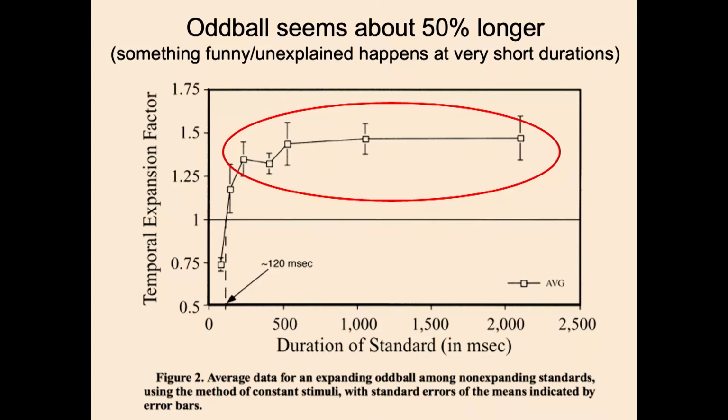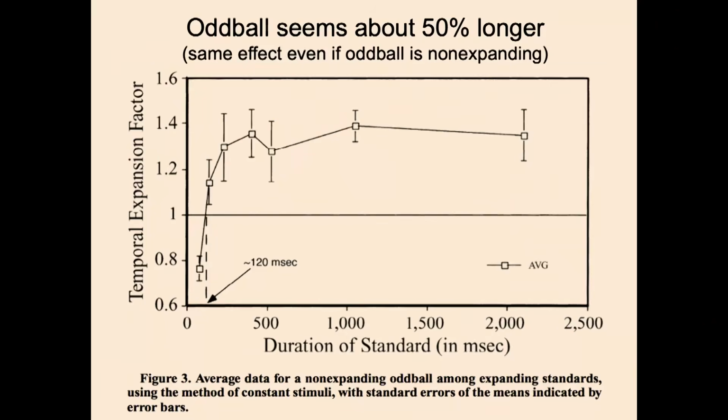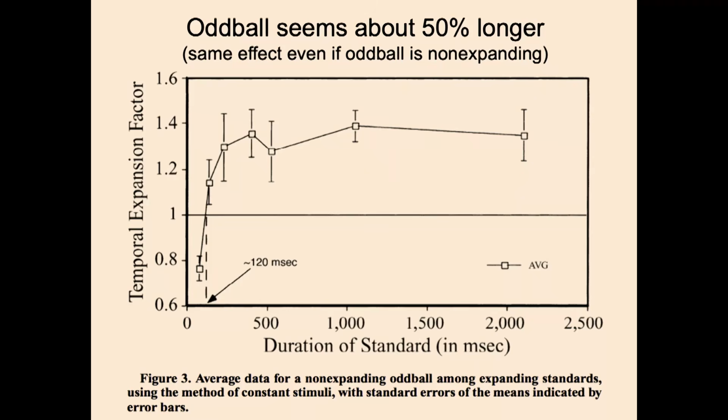Okay, and there is this weird thing here that is unexplained, that at very short durations you get what looks like an opposite effect. I don't know what the explanation of that is. Neither did the authors. But this is not about things that are expanding seeming longer. If you do the opposite design, so you have a series of things that expand, and then the oddball is something that doesn't expand, you get about the same effect, maybe a little bit smaller.